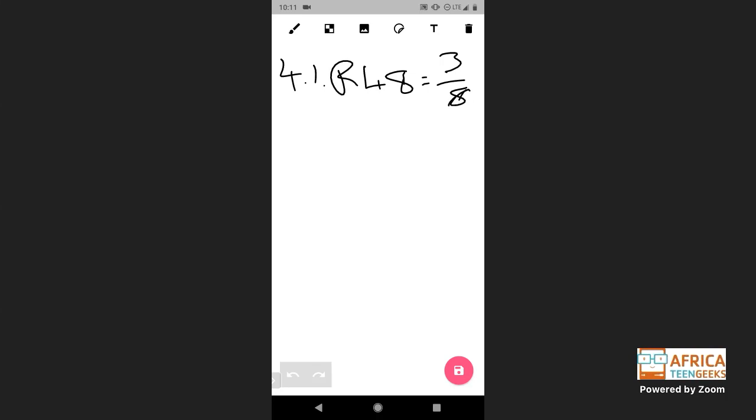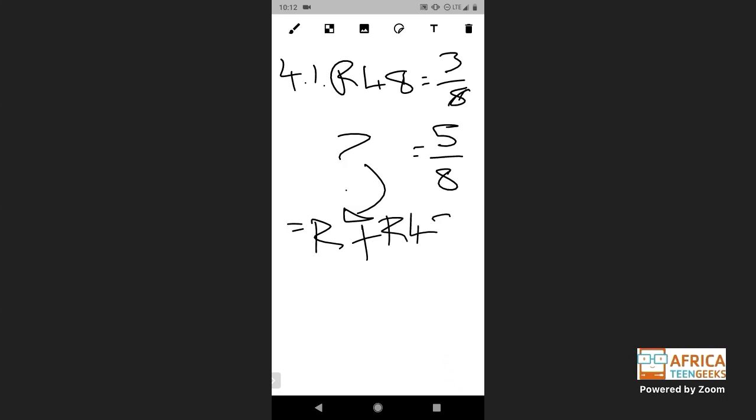So this is how much he used for his cricket ball. We need to find out first how much is 5/8, and then after getting it, we'll add this plus 48 rand. And then we'll have our final answer, right?